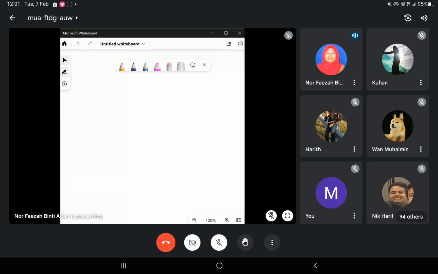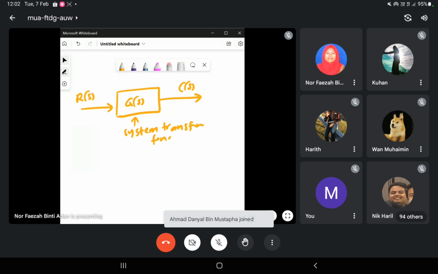For G(S), first, when we use the term G(S), most of the time G(S) is an open loop transfer function or a forward loop. So let me draw the block diagram first. This is the open loop block diagram where you have your system transfer function, which is the ratio of output over input.